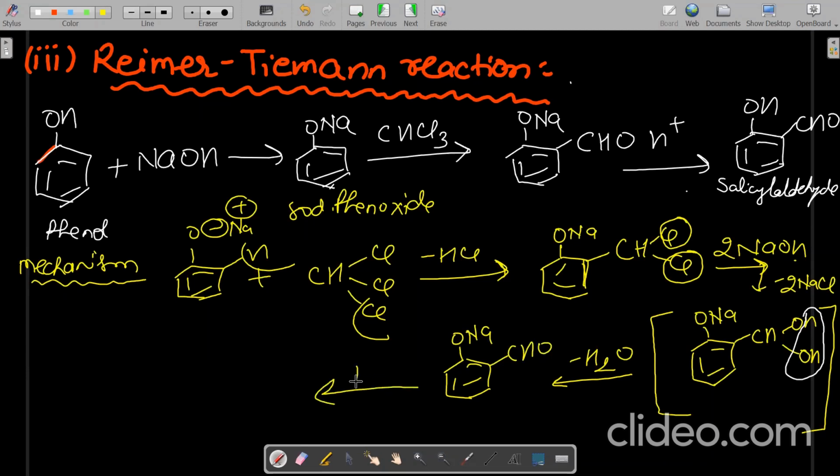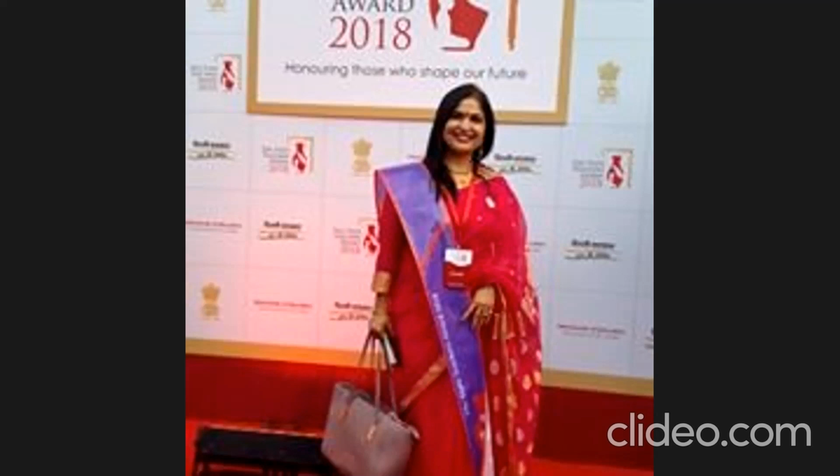Again, for Na removal, we have to acidify the reaction, the final step which I have written, that is acidification. And after acidification, we get the final product, salicylaldehyde. Okay, so these are the steps. We cannot say mechanism. This is just like steps, because mechanism is a little bit different. I hope it is clear.